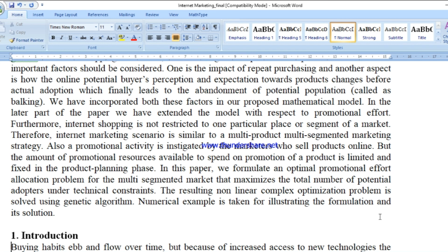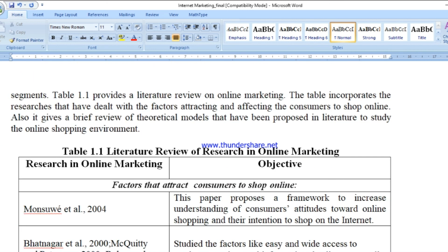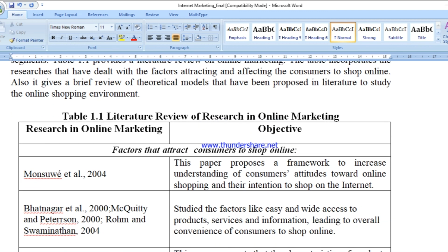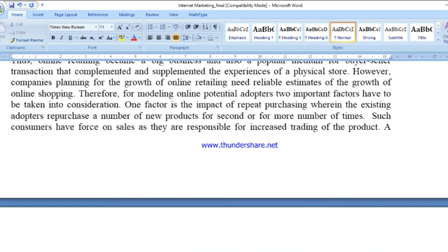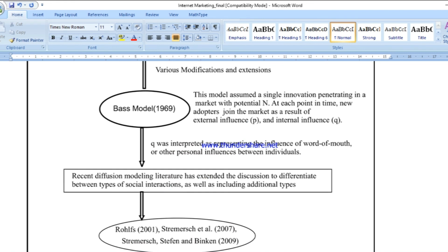So when you're writing a non-survey based research paper, there they are presenting the introduction again, then this is the literature review. So you can present the literature review in tabular form as they have presented. Then they have even presented some part of the literature review as algorithm based or graph based, step by step.